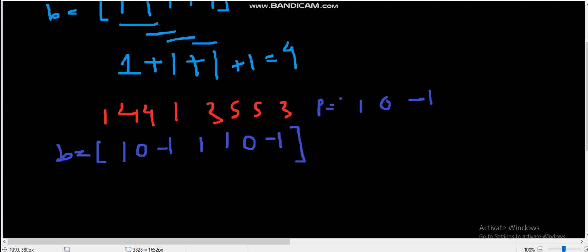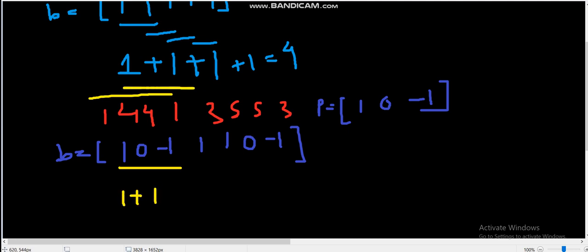Now we have to check every subarray of length 4. We check the first subarray of length 4, and the pattern value is 1 0 -1. This is matching, so the answer will be 1. Now we check 4 4 1 3, the pattern value is 0 -1 1. This is not matching, so this is 0.